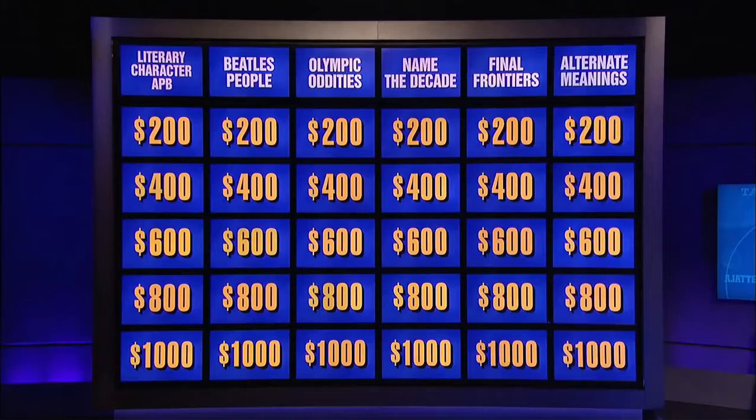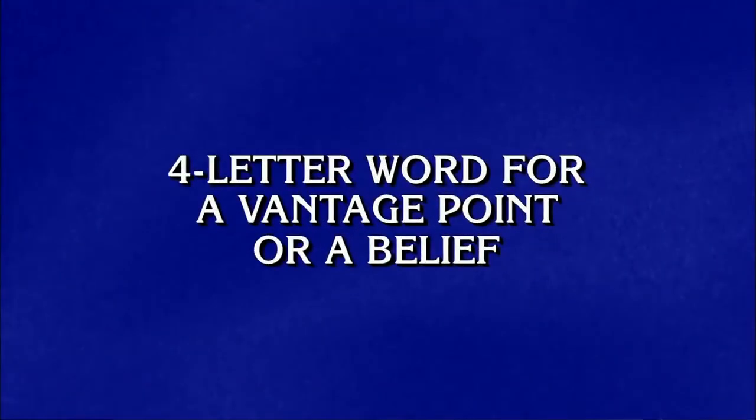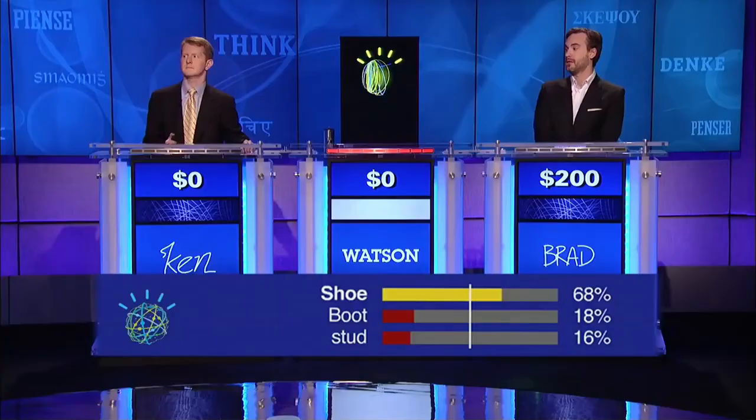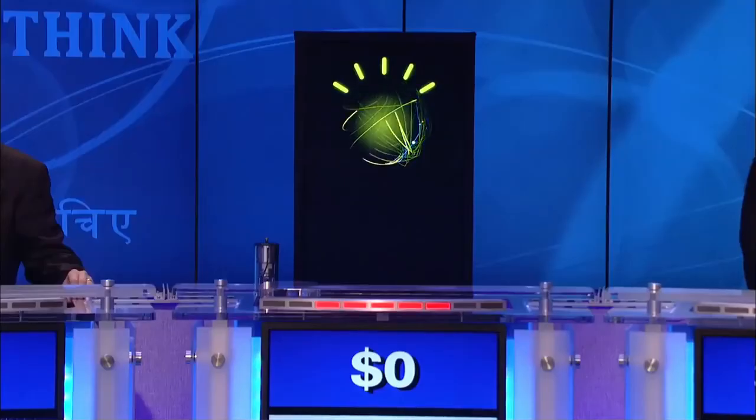Let's take alternate meanings for 200, Alex. 4-letter word for a vantage point or a belief. Brad. What is a view? Yes. After the first clue of the game, which Brad won, I had just this horrible feeling at that moment that he was as good as everyone said he was, and he was just gonna run the whole board on us. Watson. What is shoe? You are right. We actually took the lead.